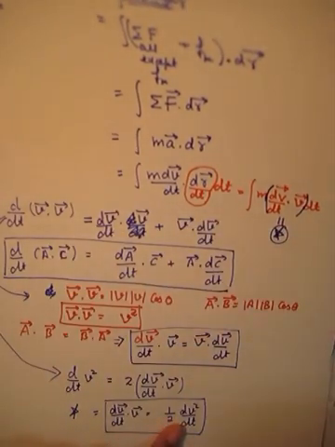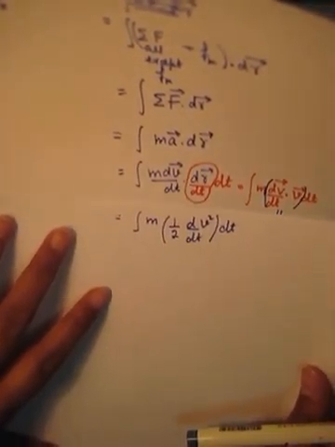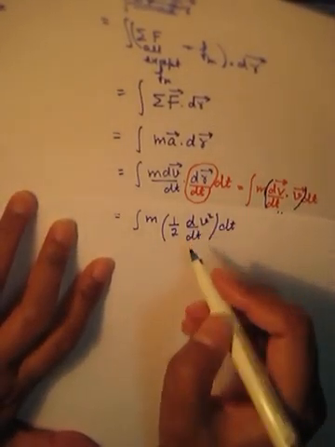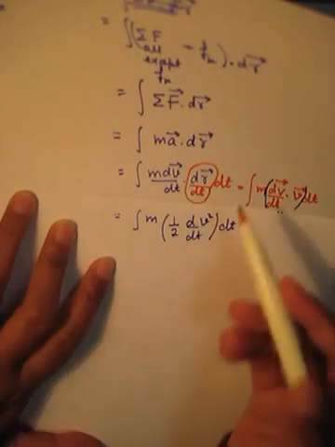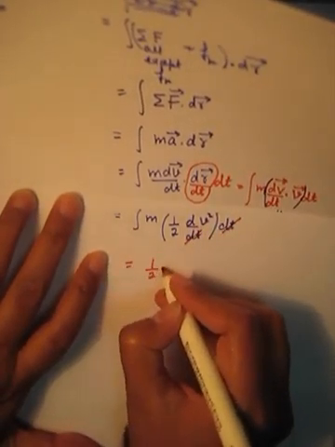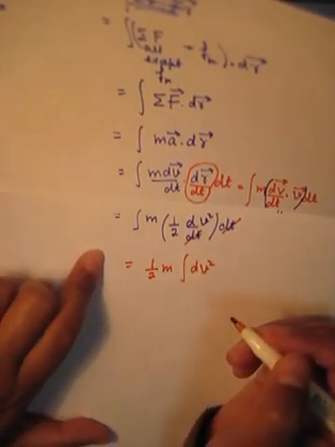Okay, this one. So we've just replaced this term by this term. Okay, so this is what we get from this side of the equation. So we can cancel dt and dt, so it will be 1 upon 2. M is a constant and the only variable will be dV square.